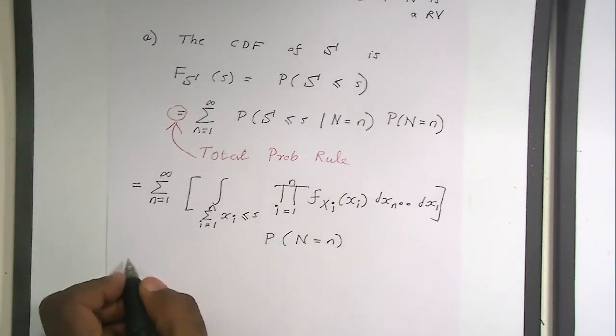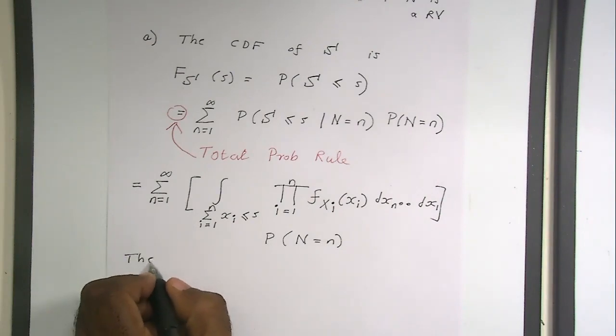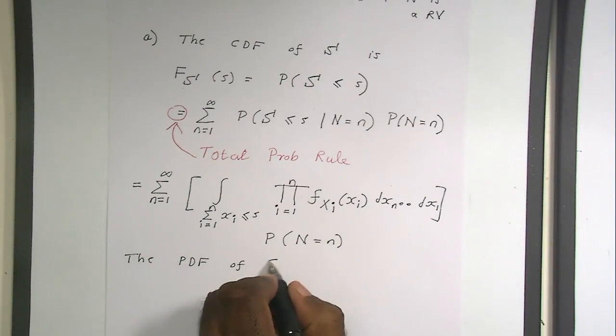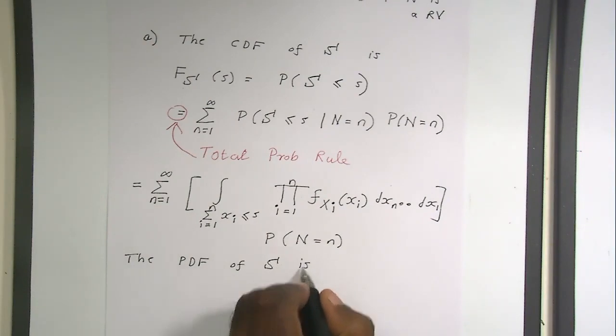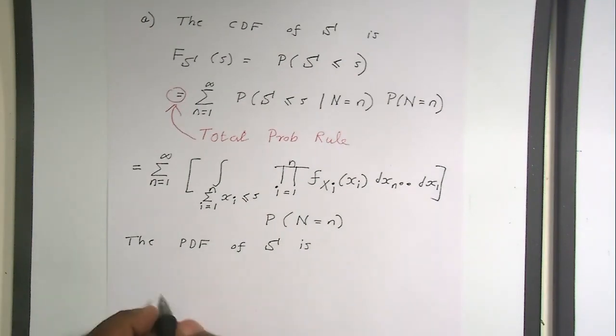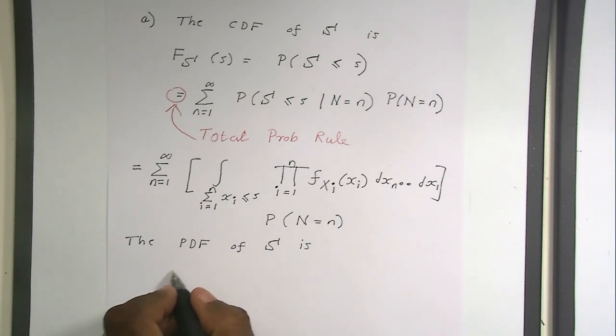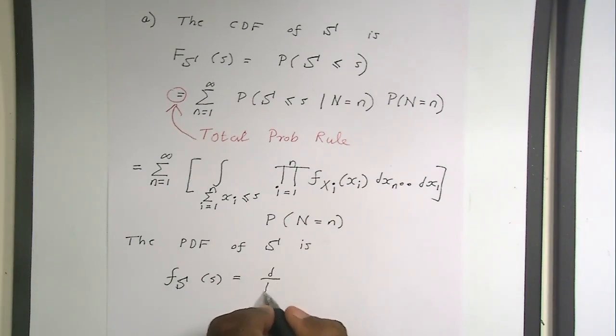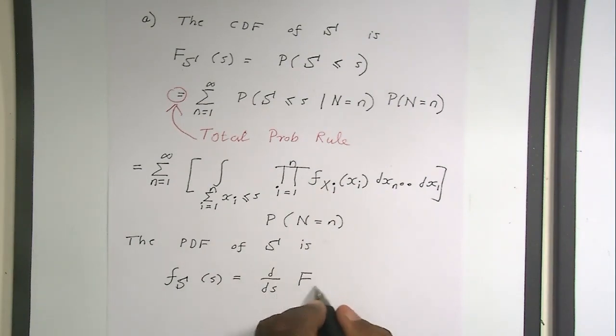So the PDF of S is simply the derivative of the CDF, so it will be just the derivative of this. So you see what I've done here. Let me explain one more time.